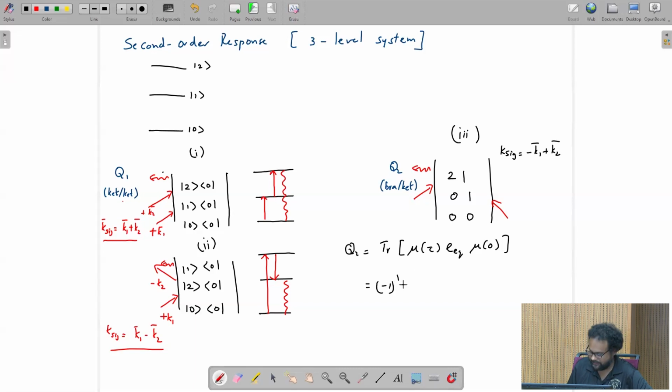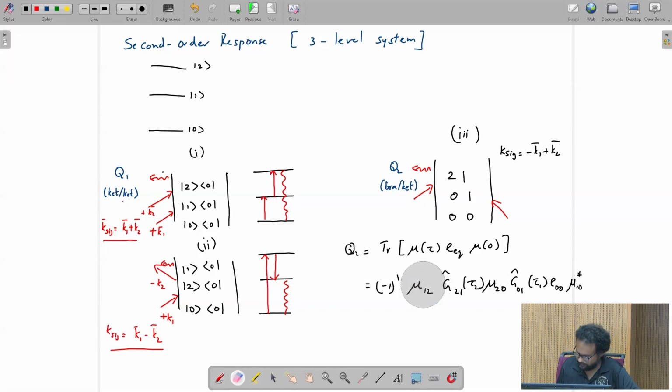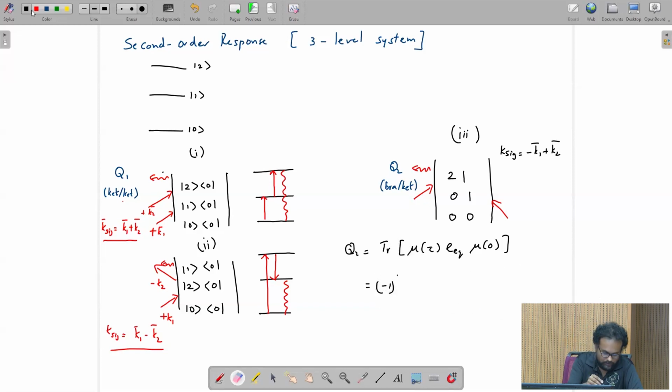Expanding the trace, you have your mu 12, g 21 of tau 2, mu 20, g 01 of tau 1, rho 00 of tau 0, mu 10 star. Did I go too fast on that? Let's dial it down. Let me write it down explicitly. I'm starting with -1, that's good.